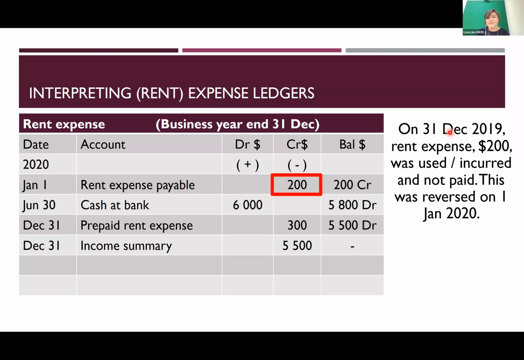You will say that on 31st of December 2019, so this would be the date, rental expense, $200, this would be the amount, was used or incurred and not paid. So this is what happened. All right. And this was reversed on the 1st of January. So you could say something like that.